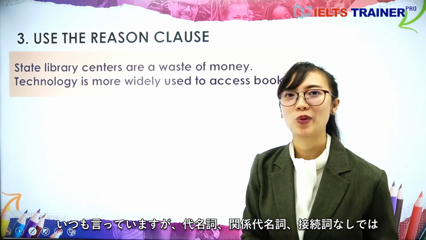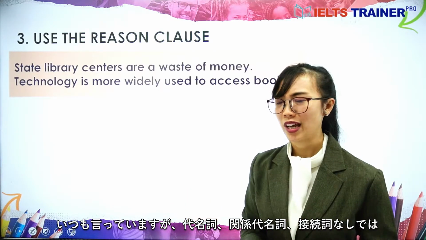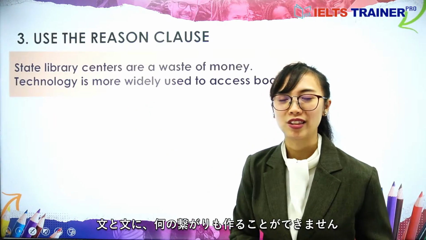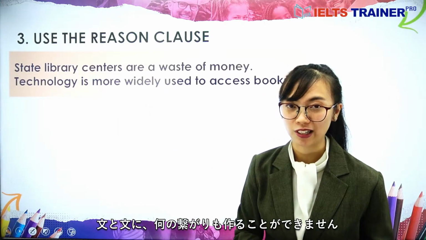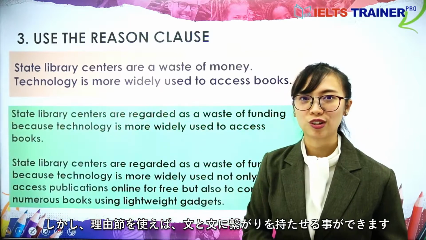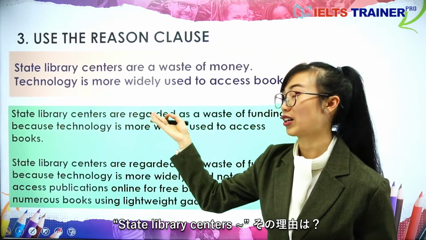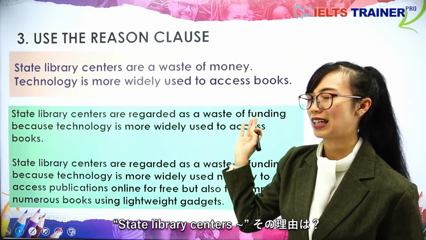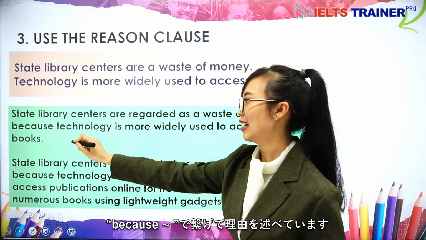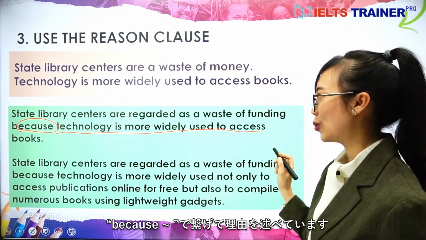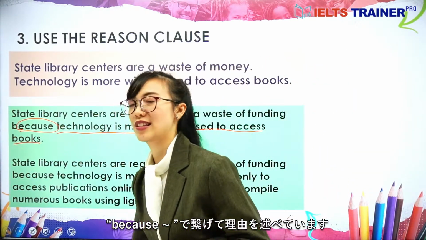Once again, without any relative pronoun or conjunction in between them, we may not find any connection. But if we use the reason clause, we can state that state library centers are regarded as a waste of money. Why? Because technology is more widely used to access books.